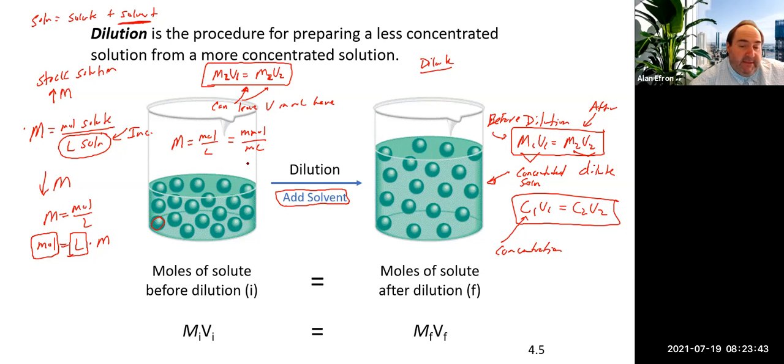What that means is, when you take a volume in milliliters and multiply it by molarity, you do not get moles. You actually get what are referred to as millimoles. When we take the volume in liters and multiply by molarity, we get moles, but with milliliters times molarity, you get millimoles.